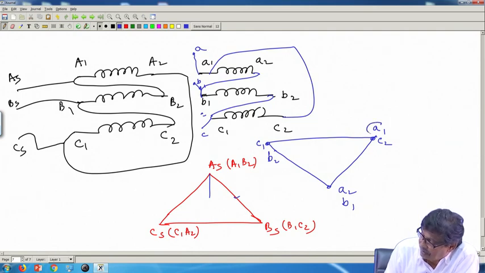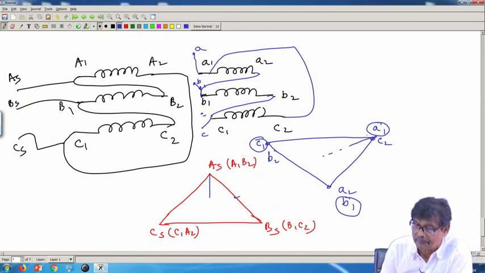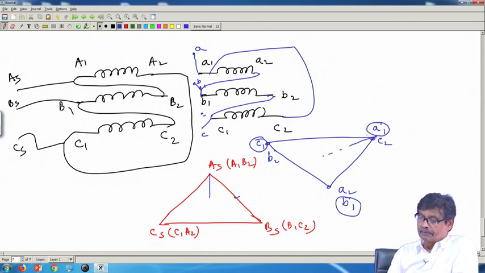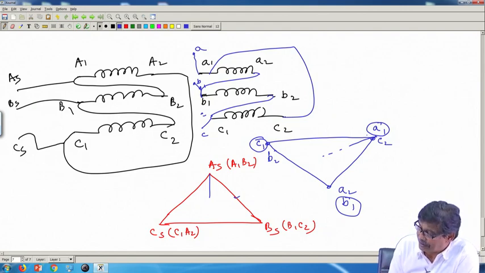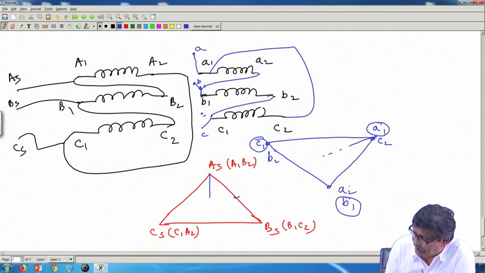Got the point? See, in this particular case, suppose I say that you take the output from A2, B2, C2, then it will appear as a DD 180 or DD 6 connection.